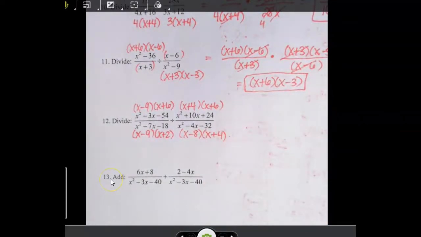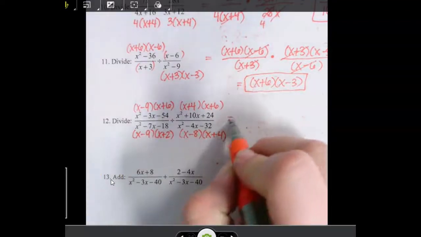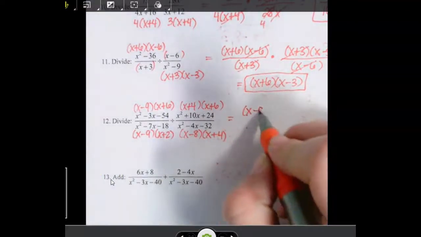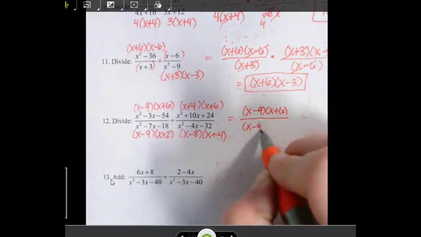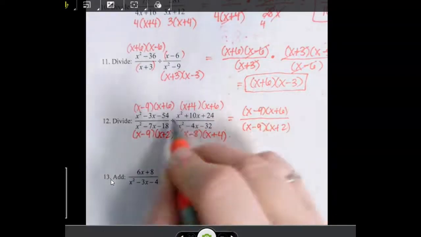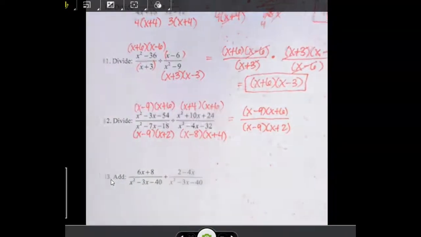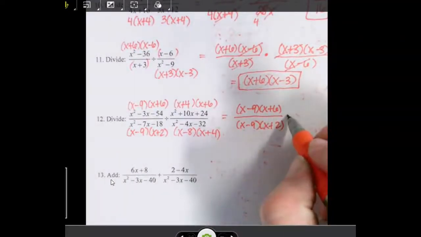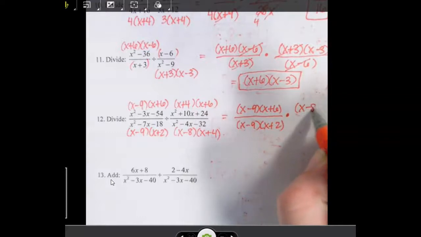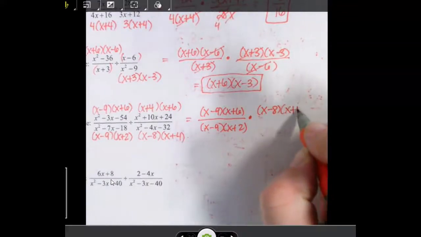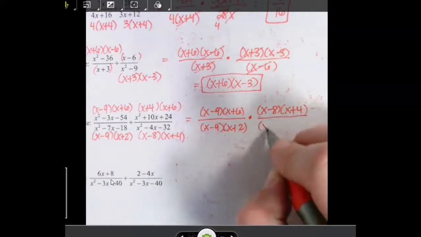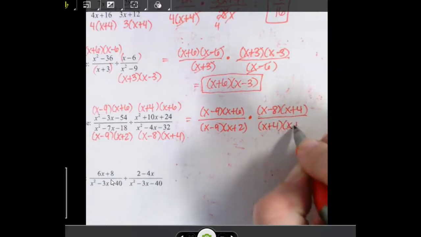All right, so we get everything factored out. And then we can do the reciprocal of the second fraction. So I factored everything here just where it was, just to save space. Okay, so times, and then let's write the reciprocal of the second one. X minus 8, x plus 4, and then my numerator, x plus 4, x plus 6.